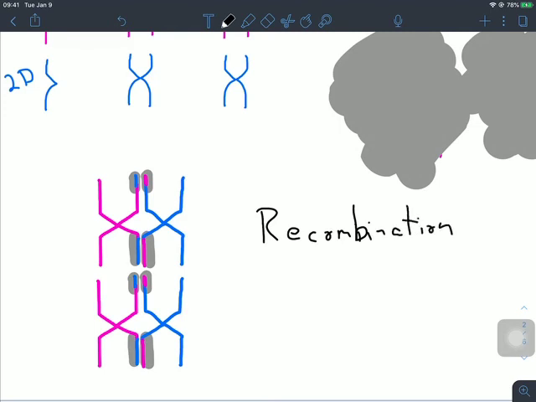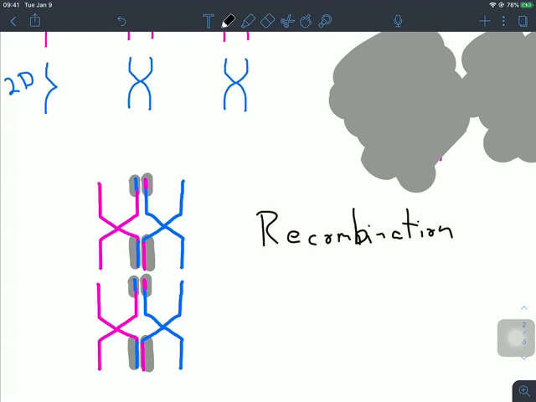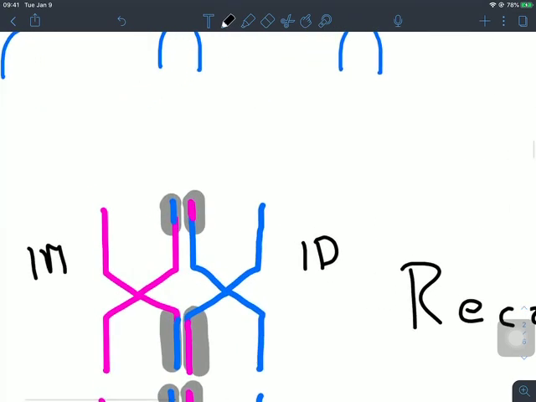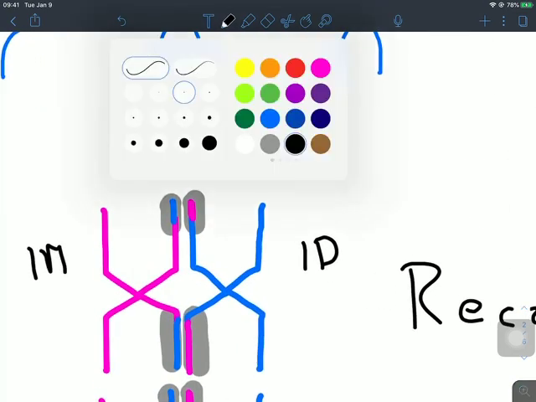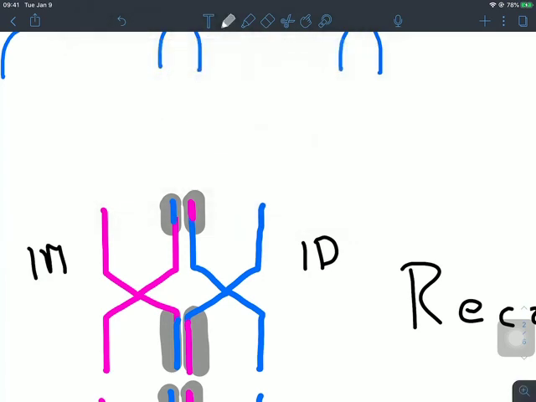Now, recombination is where you have your homologous chromosomes, so chromosome 1 of dad, 1 of mom, and they will exchange small pieces of DNA. In this case, you can see that there was some sort of cut along this.